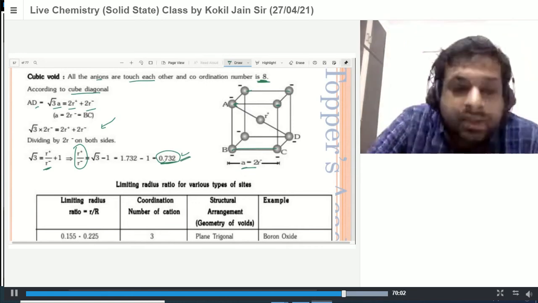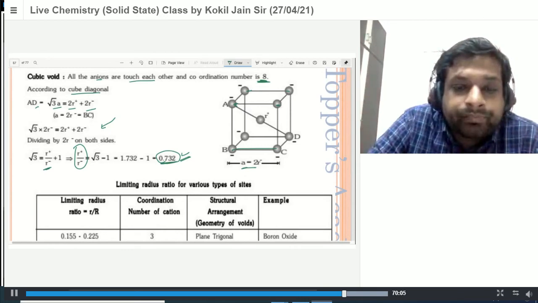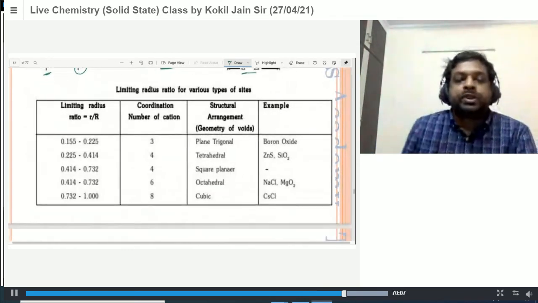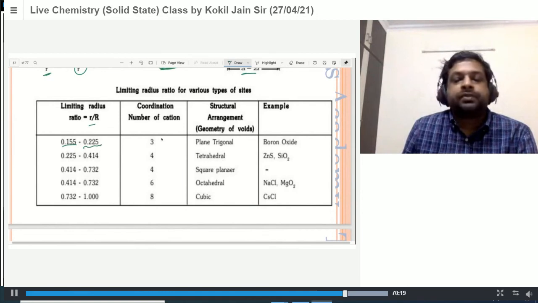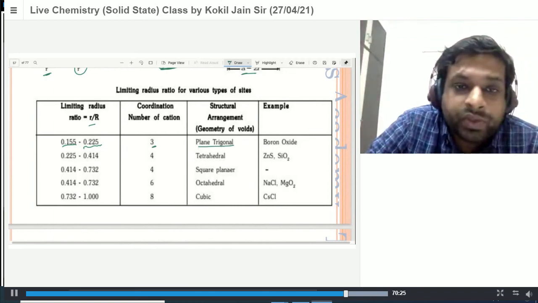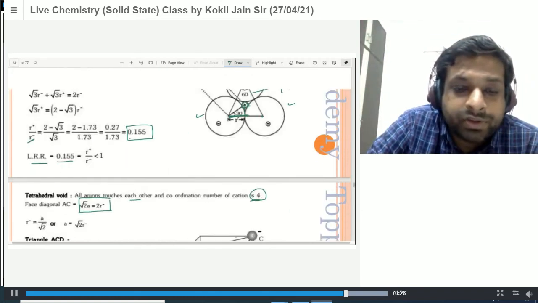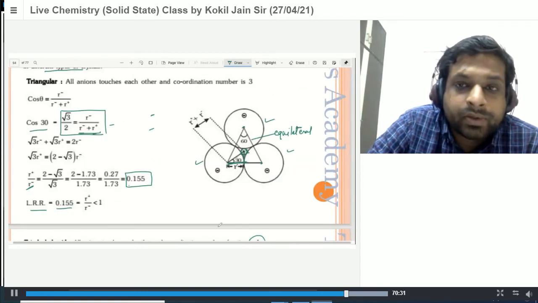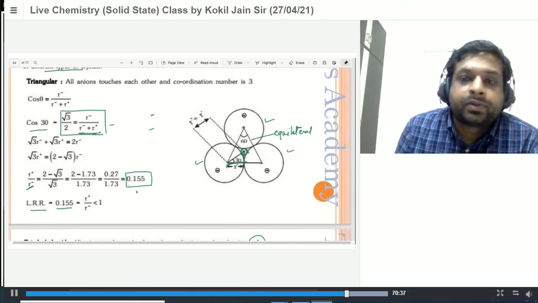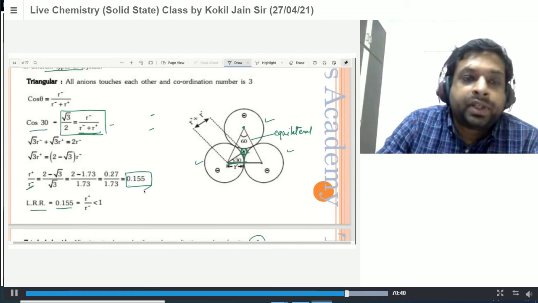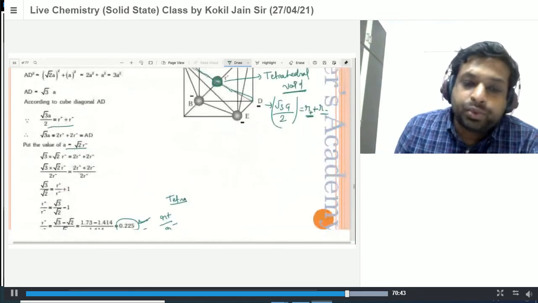Now let's see the scenario here. If your radius ratio is between 0.155 to 0.225, what we saw was that we are going to see a planar trigonal geometry. We calculated for the triangular, 0.155, and for tetrahedral, 0.225.